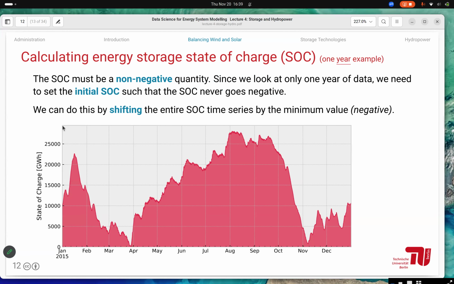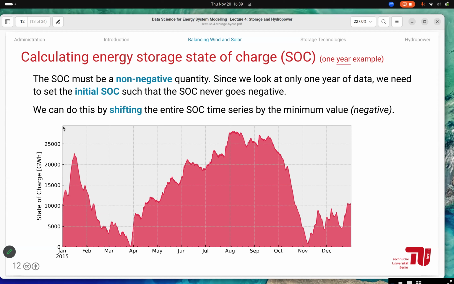So the SOC must be a non-negative quantity by definition. And in this case, we have to choose some form of initial SOC. And we can do this by shifting the cumulative sum that we initially calculate from the residual load by the minimum value. And that will typically be a negative value. Otherwise, you don't have to shift anything.